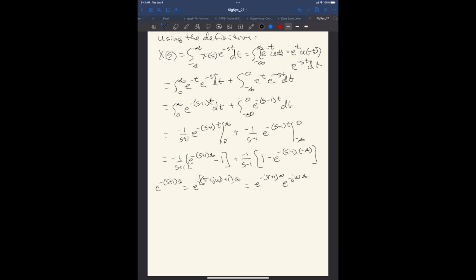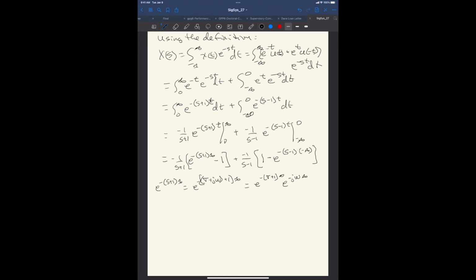It just goes back and forth in the complex plane, admittedly the real and imaginary parts, but both of them are bounded. So what I really need to look at to do the evaluation is the e to the minus sigma plus 1 times infinity. I need that to be a negative number, e to the minus some number times infinity.